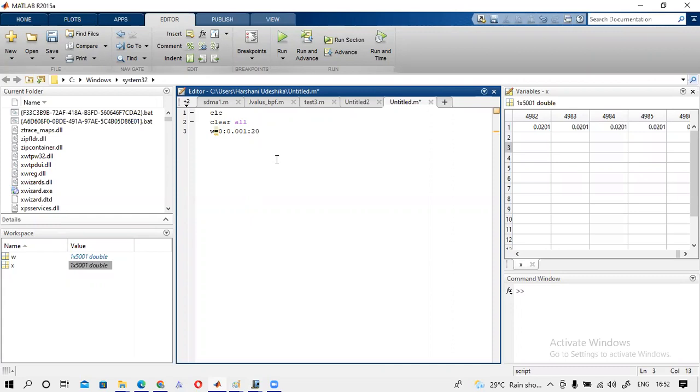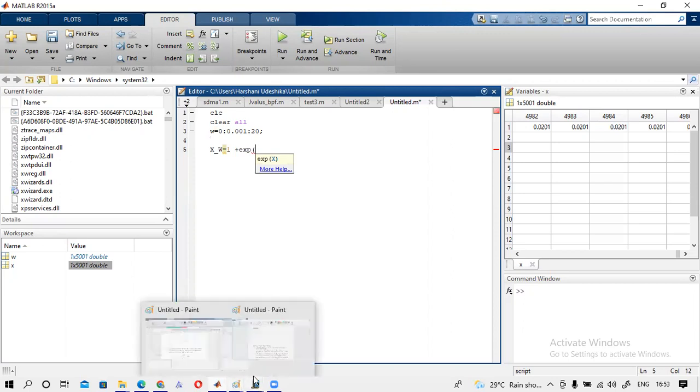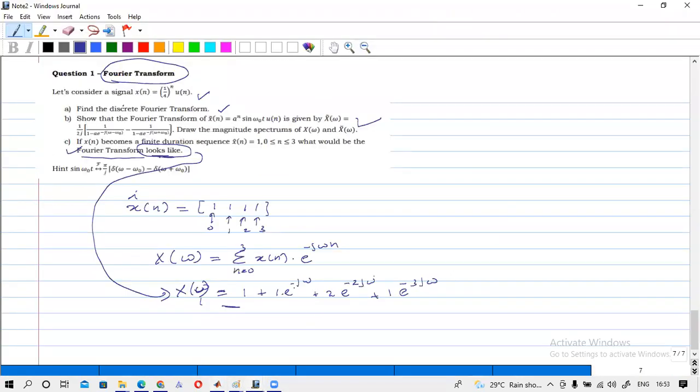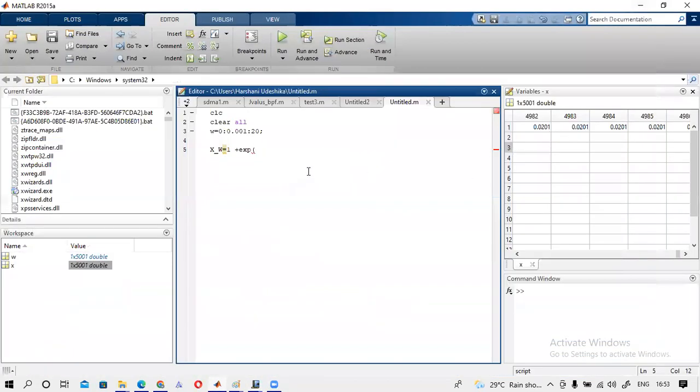Not from 0 maybe. Omega may have a minus side also. So now I just write my X omega. What is my X omega? X omega is equal to 1 plus, exponential, I'm not typing all the values, minus j omega.